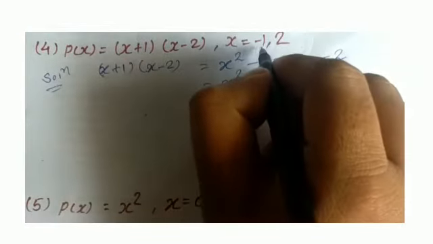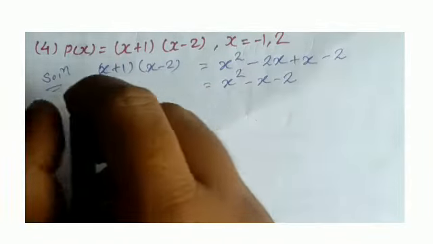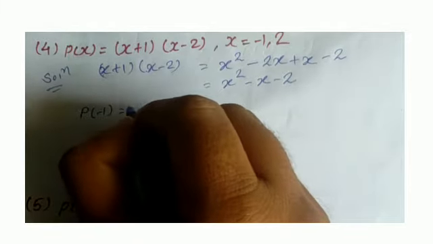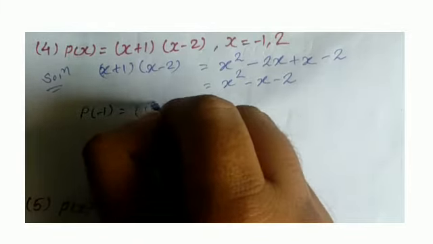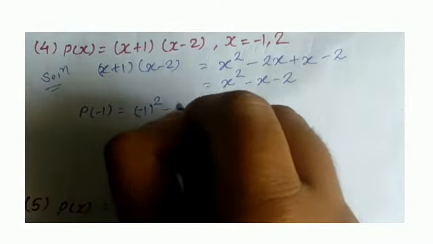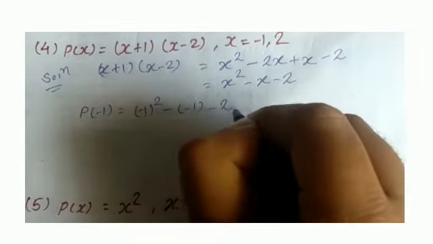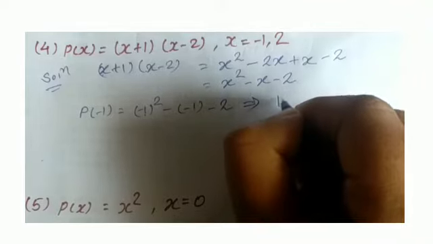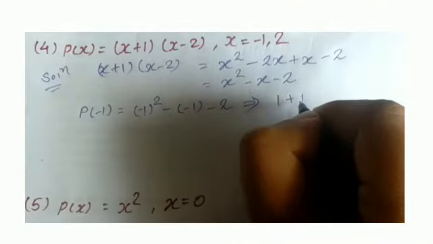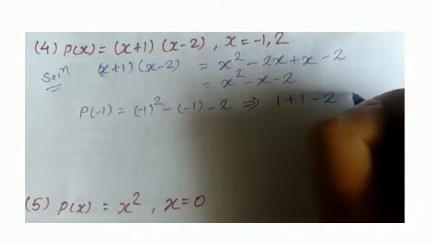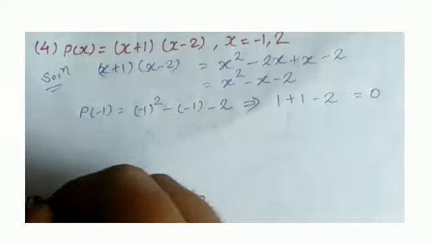Now take x is equal to minus 1 and x is equal to 2 to verify zeros. So first P of minus 1 equal to minus 1 square minus, minus 1, minus 2. So minus 1 square is equal to 1, minus minus plus, minus 2. So 1 plus 1 is equal to 2 and 2 minus 2 is equal to 0.